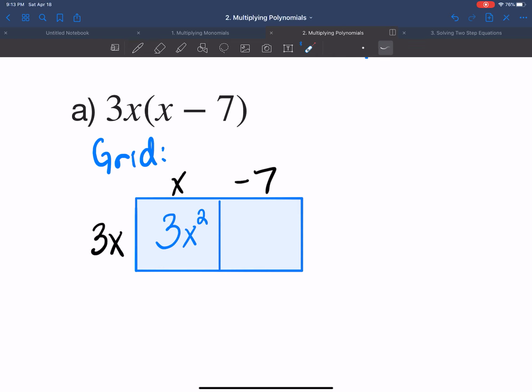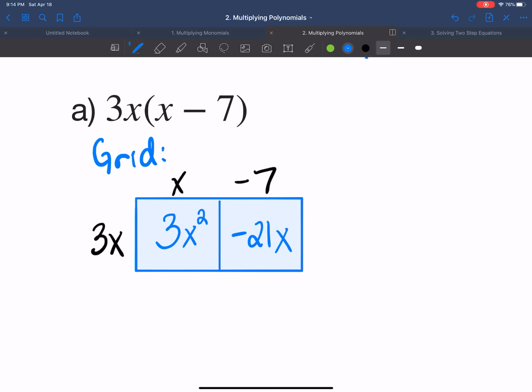Then I need the answer for the other box. So 3x times -7. I do number times number and letter times letter. 3 times -7 is -21. There's an x here, but no x in that spot over there, so I'm not multiplying any letters, and that x is going to stay just x.